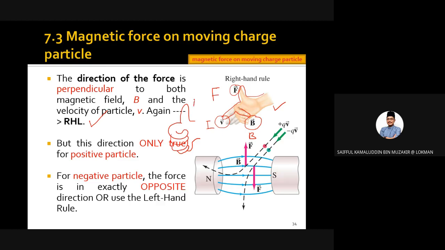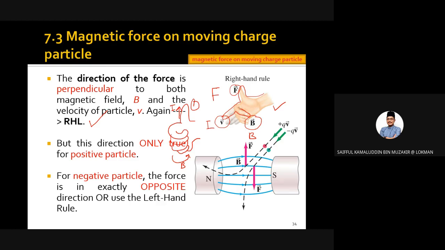The first right hand rule is to determine the direction of the magnetic field in the current-carrying wire: when I follows the direction of your thumb, the magnetic field follows the direction of the curl of your fingers. This is B.